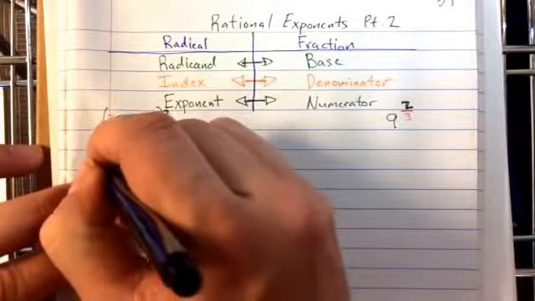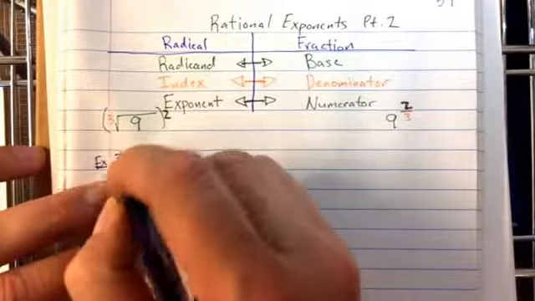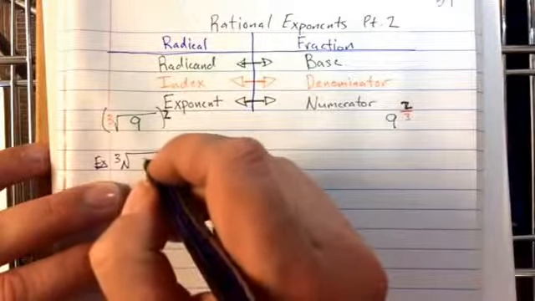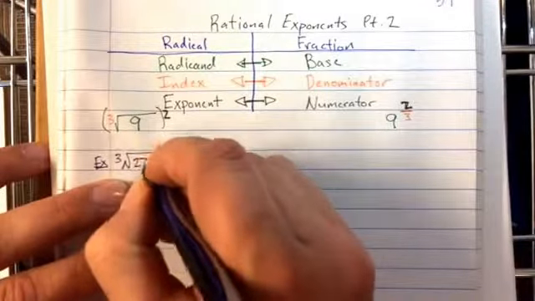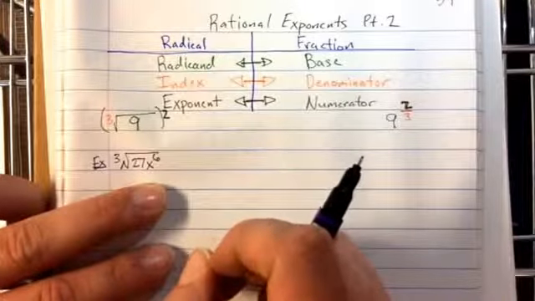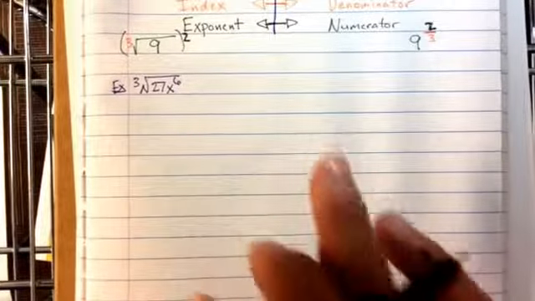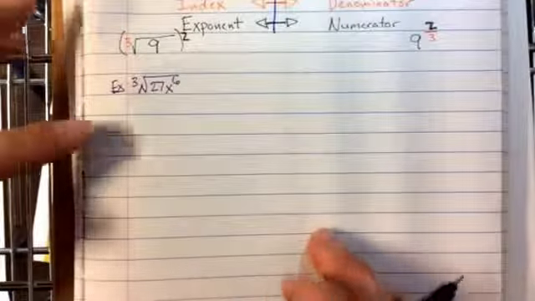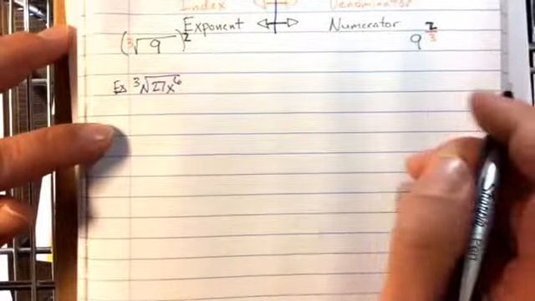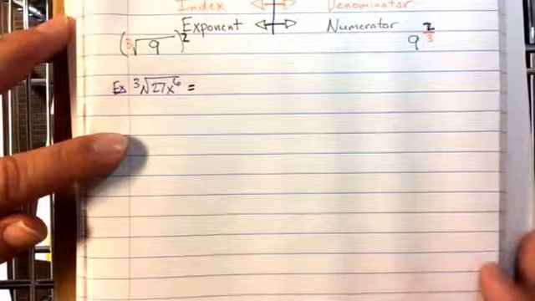So we have examples. Let's start with the cubed root of 27x to the 6th. So we have the cubed root of 27x to the 6th. So how are we going to translate this to fractional?